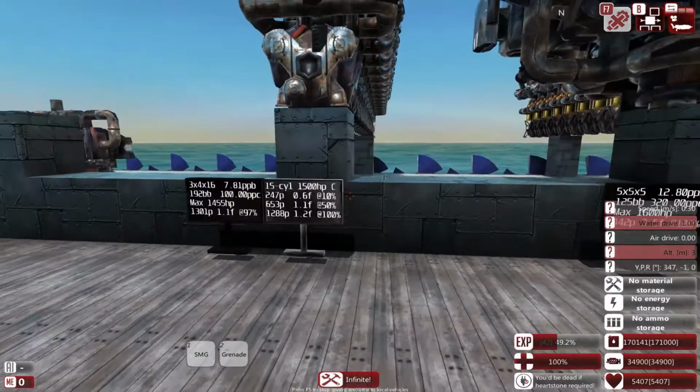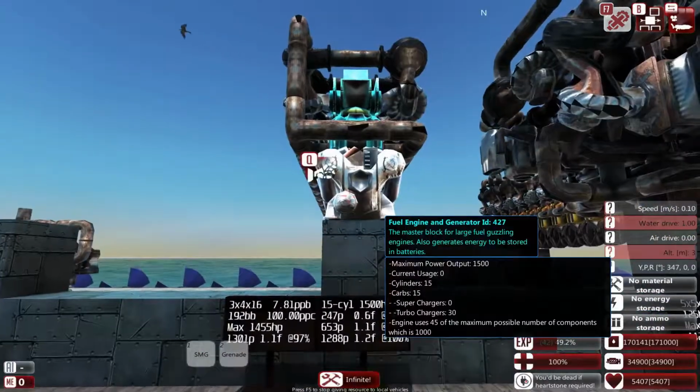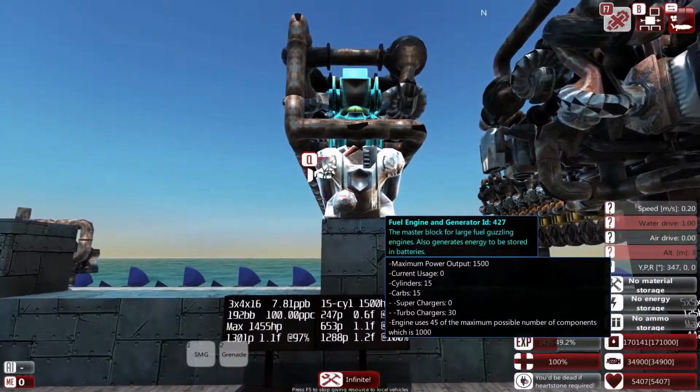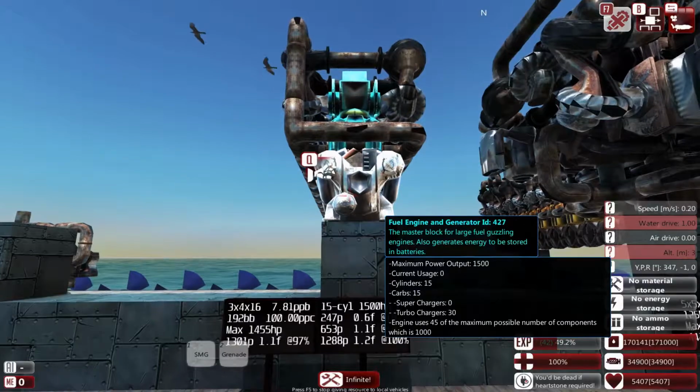Okay, and that makes this motor the most efficient. If you want to get the last percentile of efficiency out of the motor, it would be to turn it off when you don't use it.